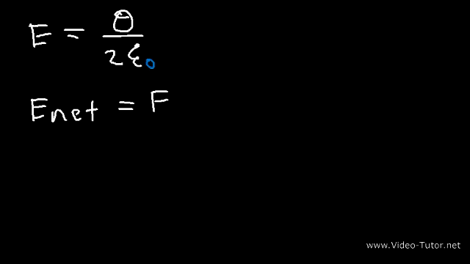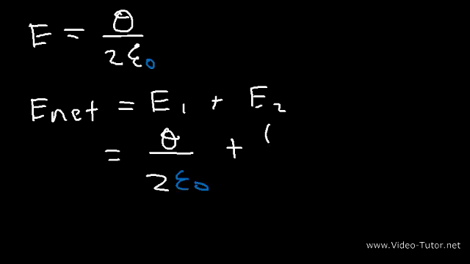Now we know that the electric field due to one infinite sheet of charge is the charge per unit area divided by 2 times epsilon sub naught. So therefore, the net electric field, which is the sum of the electric field of two infinite sheets of charge, is going to be E1 plus E2, or sigma divided by 2 epsilon sub naught plus another sigma divided by 2 epsilon sub naught.